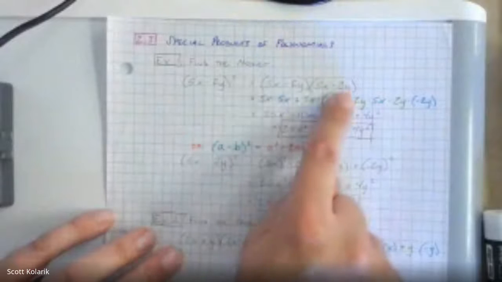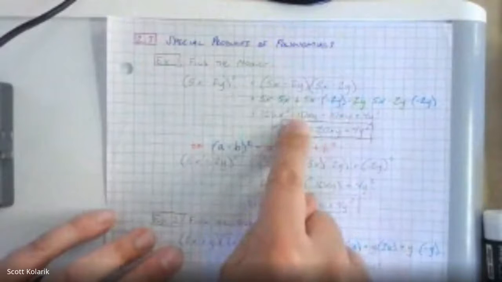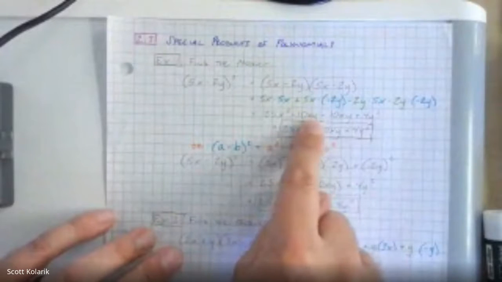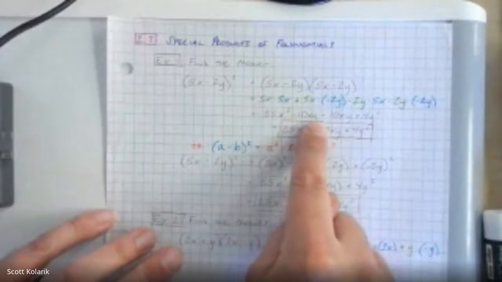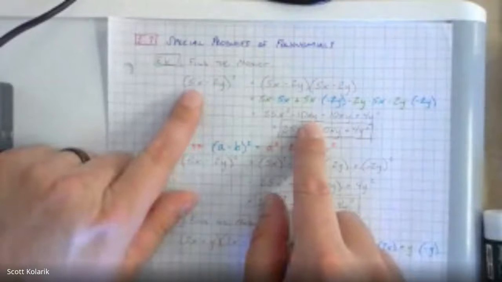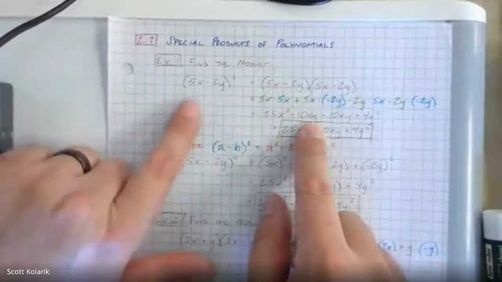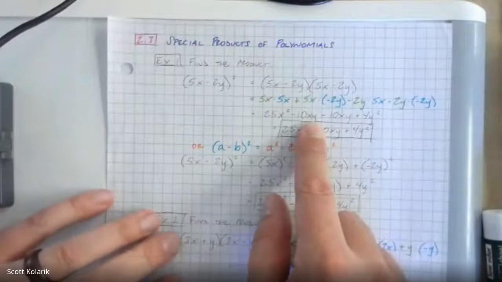But 5x times negative 2y, my suggestion, deal with the numbers first. 5 times the negative 2 gives me negative 10. And then the x and the y are two different variables, so they don't combine in any way. So it's just negative 10xy. That's okay. That will happen. On purpose, I made this problem a little more complicated, a little more dense than some of the easy ones we just did before, because if you can handle this one, you'll be able to handle any of them.